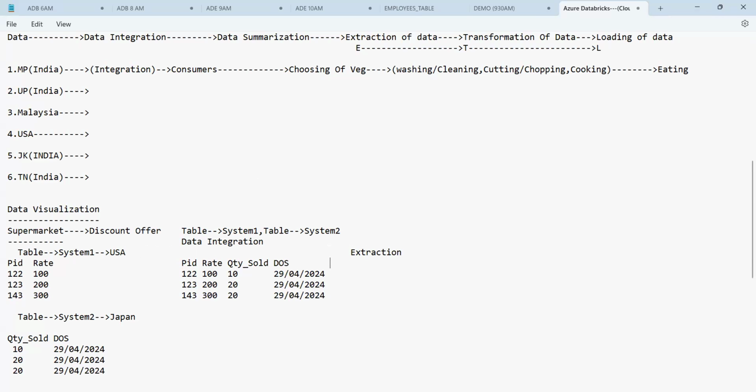Under the process of extraction, we choose how many columns we require. Out of all these columns, I want the net sales amount, so I don't require the product ID here, because I don't want it product wise. I want the total net sales amount. So I want the rate, the quantity sold, and the date of sales.